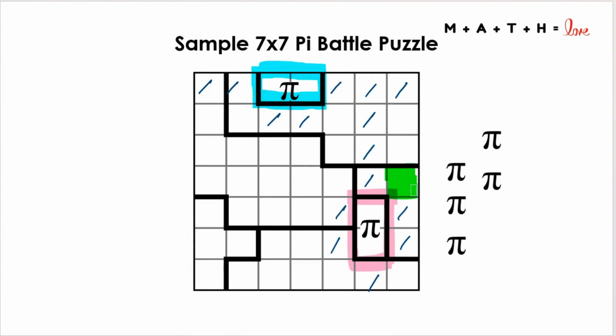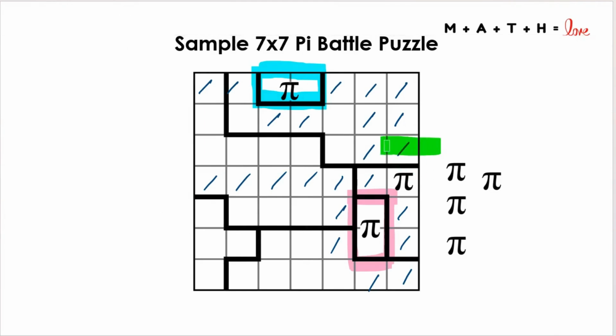This region right here only has one spot left. So let's take this pi symbol and move them in. We have found one definite location for a pi symbol. Now, as soon as you put in a pi symbol, you can eliminate everything in that column, everything in that row, and everything surrounding it that would touch it vertically diagonally.